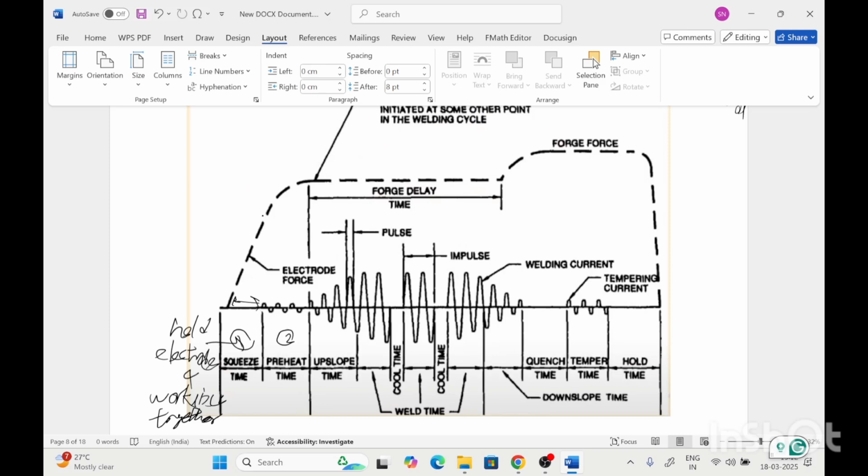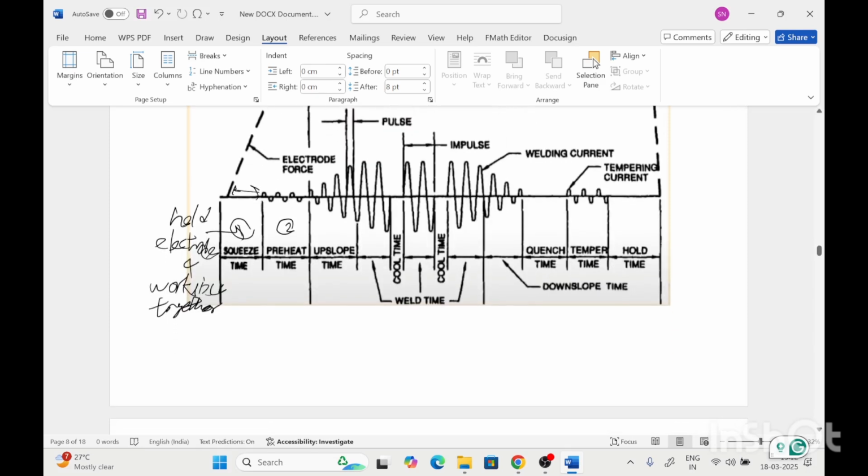The second part is where the plates are preheated. This preheat is provided to reduce the thermal gradients at the start of weld time or to soften the coatings. That means if we are using steel, there are chances of a galvanized steel coating.